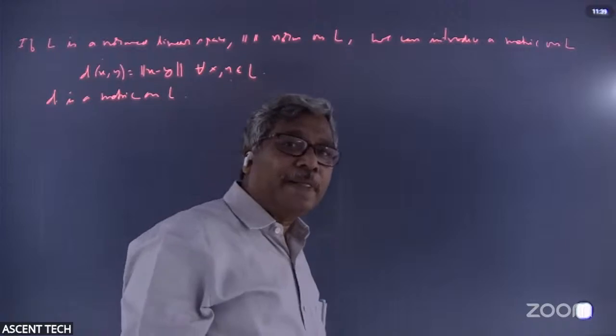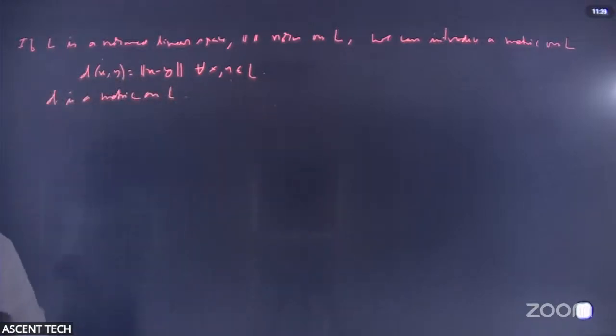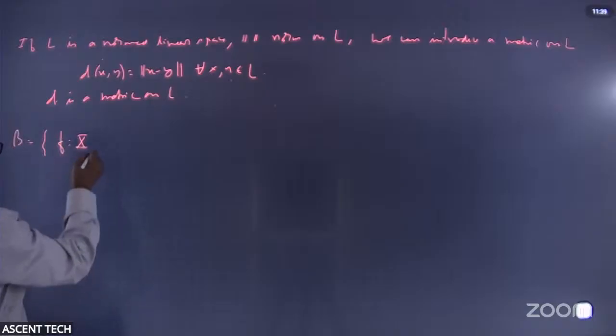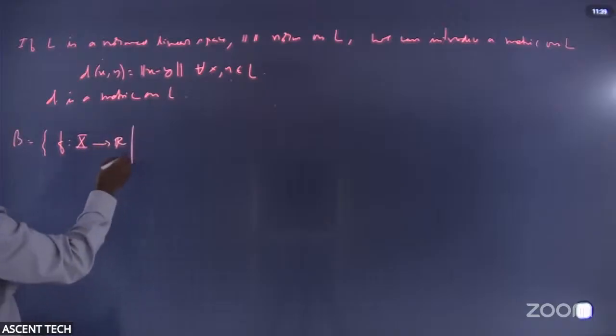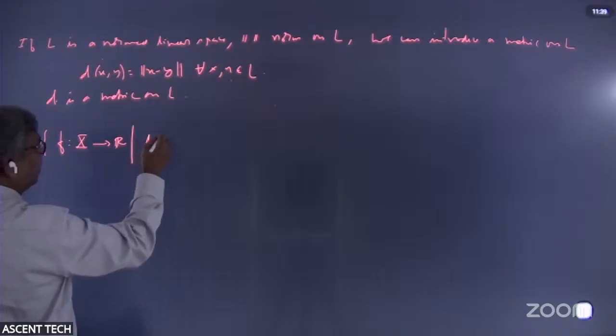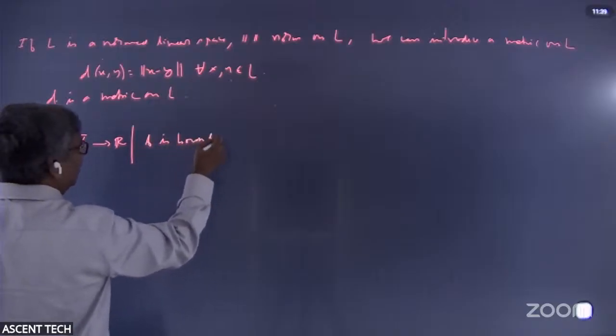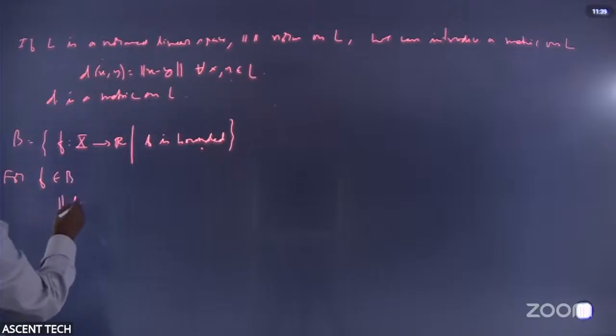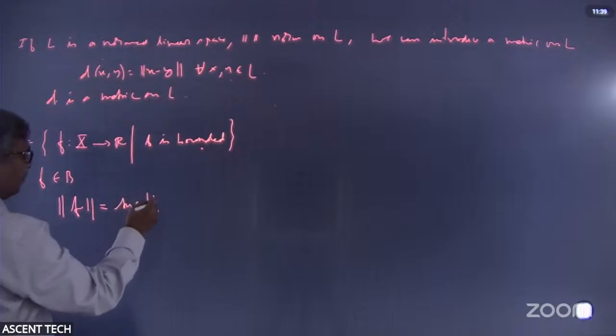So L becomes a metric space. Are you following? For example, on the space B I just introduced, which is the space of all bounded functions from this abstract set, which doesn't have any topology on it, to R, for any such f you introduce norm f to be the supremum of mod f(x).